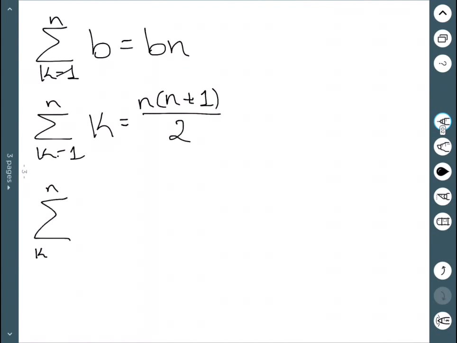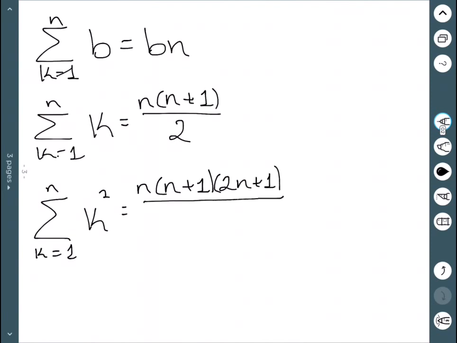And then adding from 1 to n of k squared, so now 1 plus 4 plus 9 plus 16, etc., will be n times n plus 1 times 2n plus 1 over 6. And we will use these in our example.